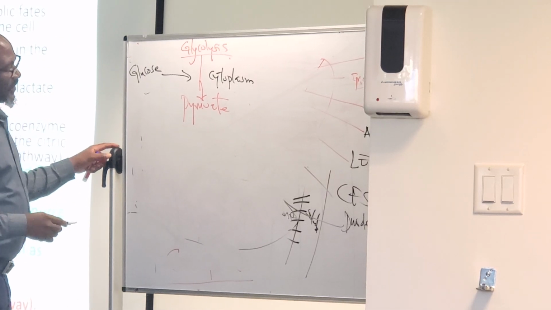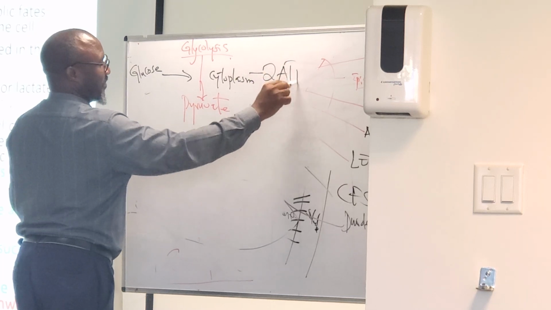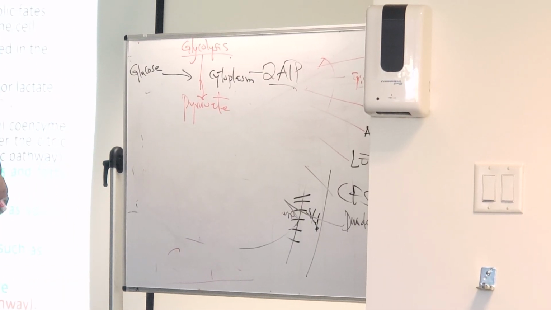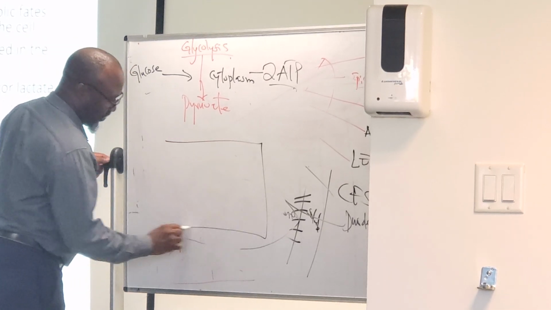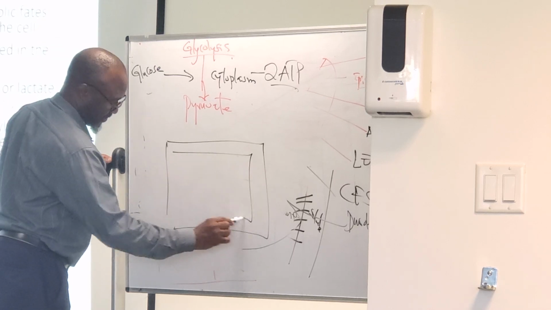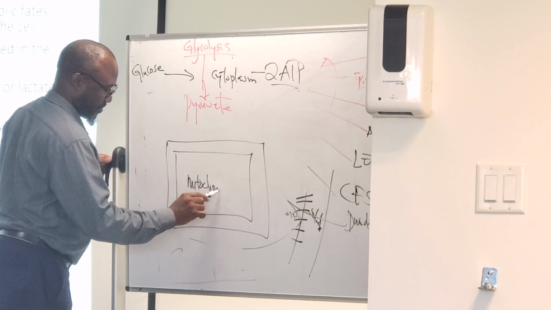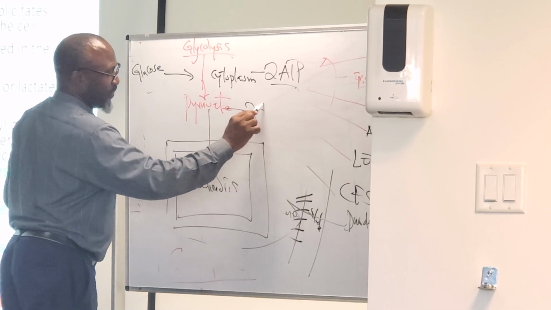And then this yields a very small amount of energy, ATP, and it produces pyruvate. Two molecules of pyruvate are produced.